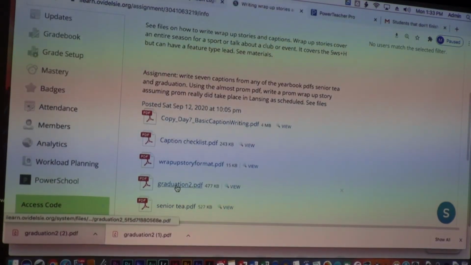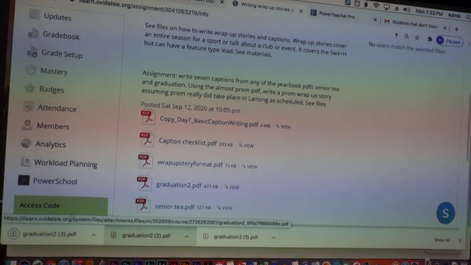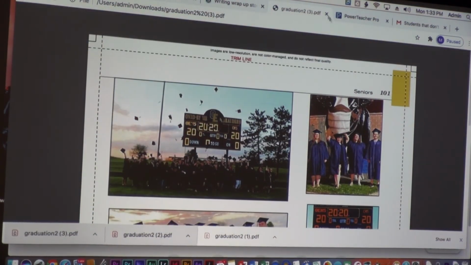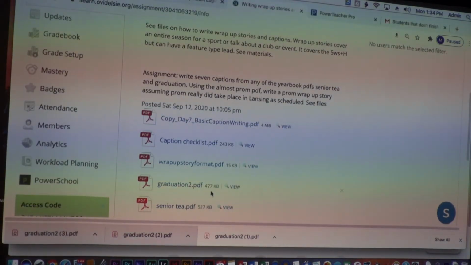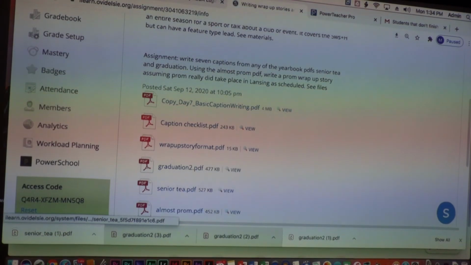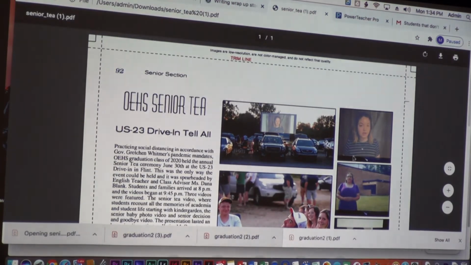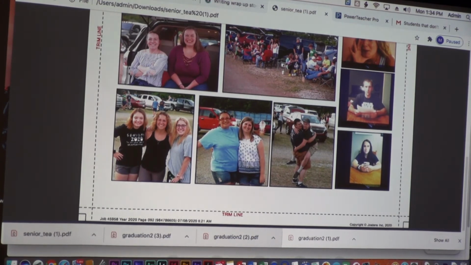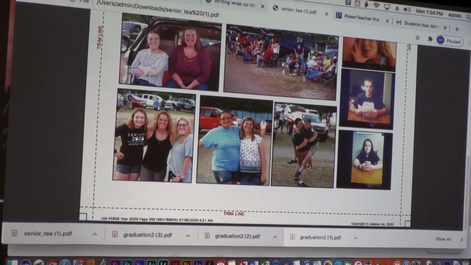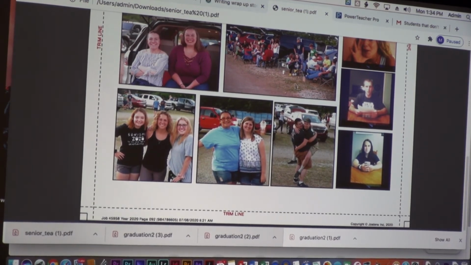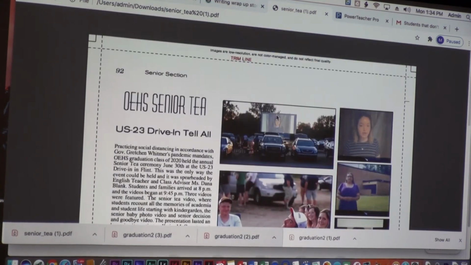Then you go to the senior team page. And then for the remainder, you pick photos from that page, and then you write about them. But I need a total of 7, 7 captions total from those 2 pages. So you write about those.